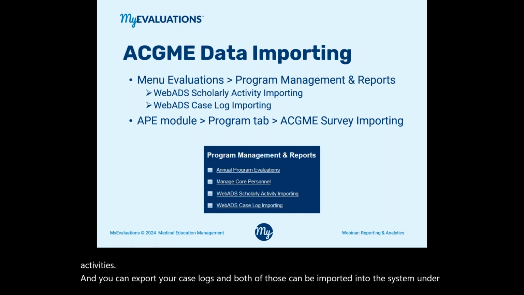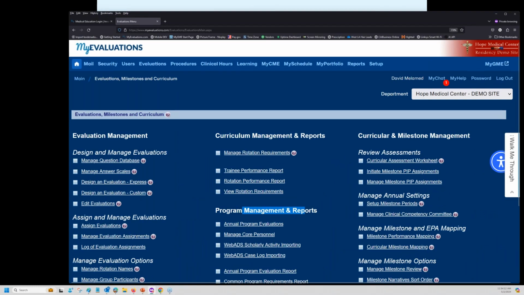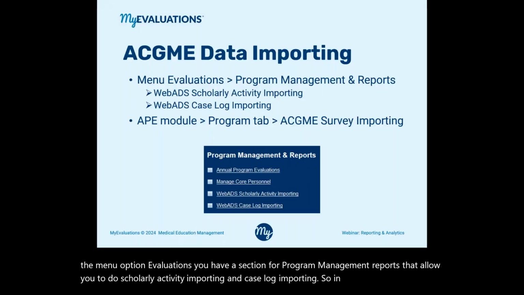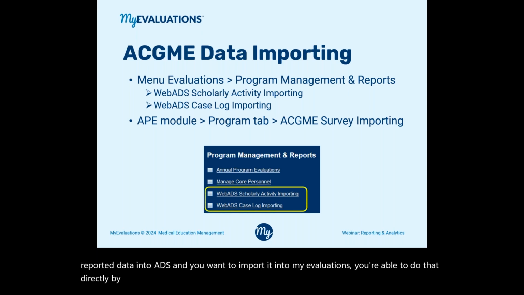Under the menu option evaluations, you have a section for program management reports that allow you to do scholarly activity importing and case log importing. So in case you've reported data into ADS and you want to import it into MyEvaluations, you're able to do that directly by using these scholarly activity and case log importing.